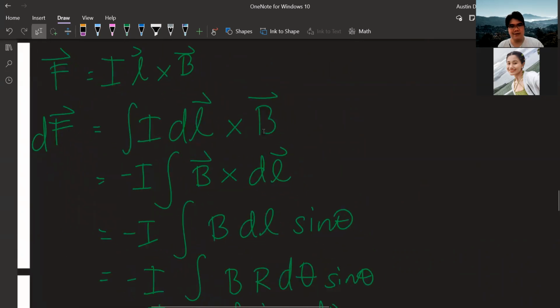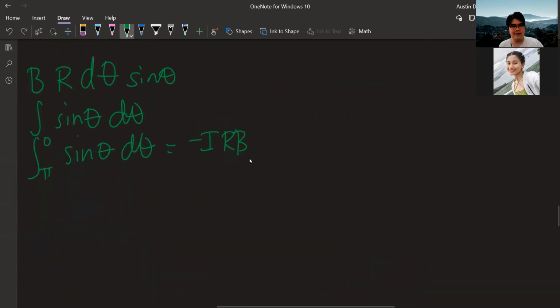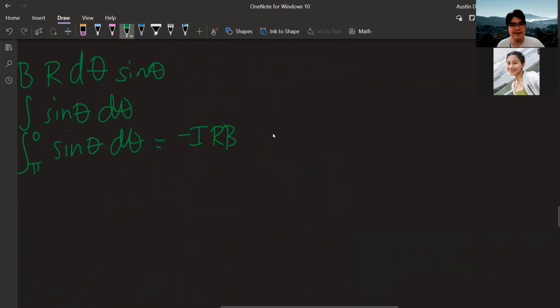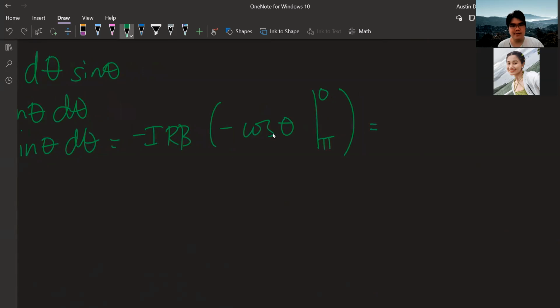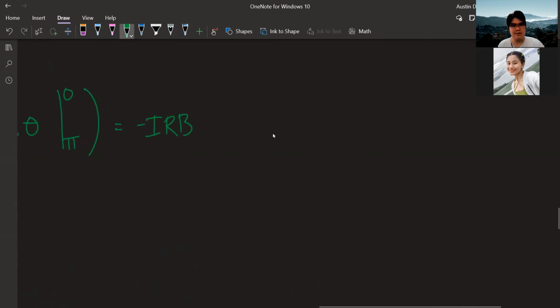So I suggest going this path, dito na lang. Okay, mas madali itong paraan dito sa una. IRB, then the integral of sin theta is negative cosine theta evaluated at pi to 0. Okay, and this is just, so negative 1.